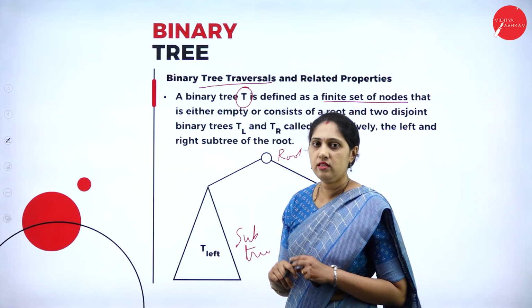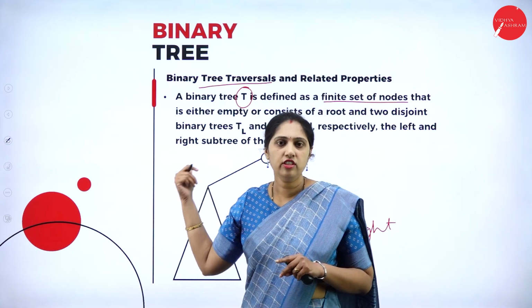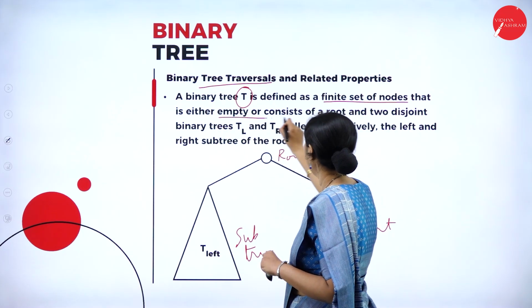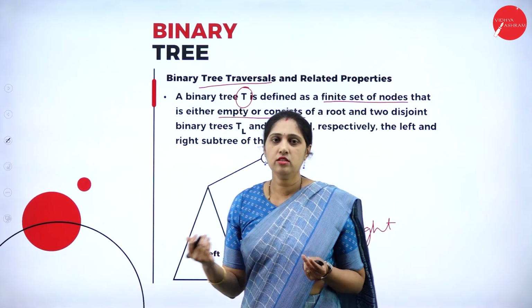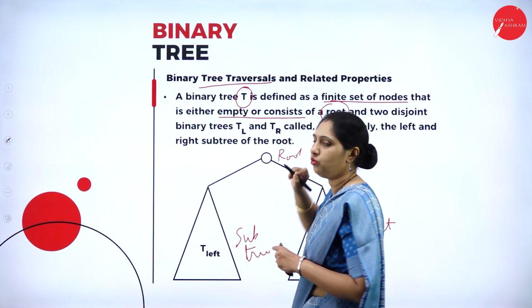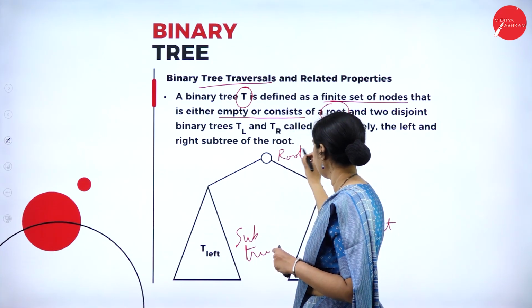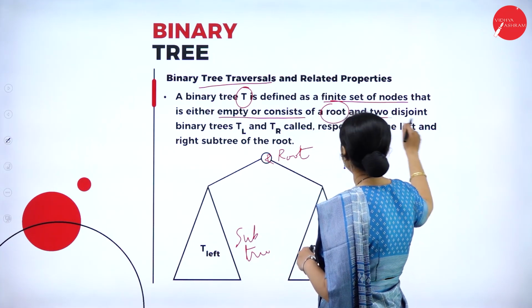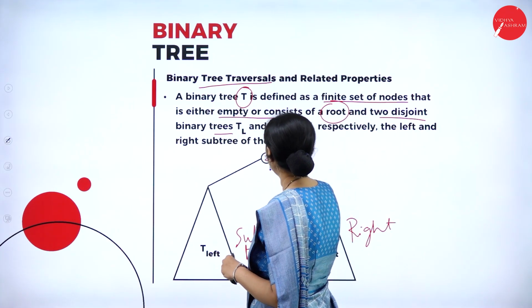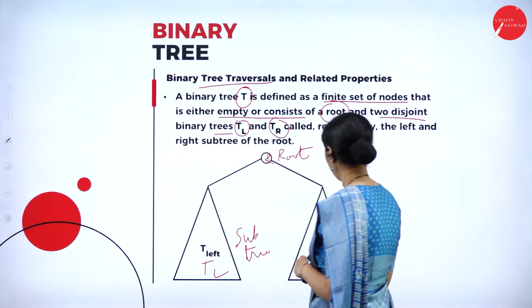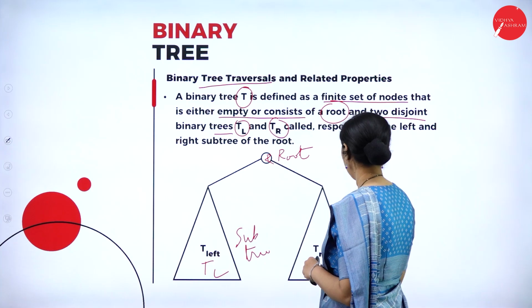So a binary tree is a tree T which has a finite set of nodes, and that can be either empty, meaning no nodes, or it consists of a root and two disjoint binary trees, TL and TR. For the left we say TL, and for the right we say TR.